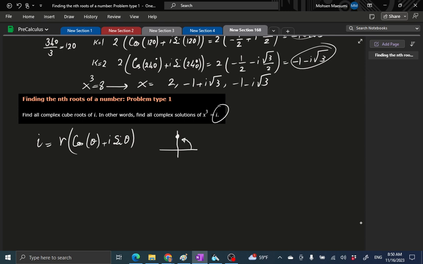Of course, it's pi over 2. So R is 1 cosine of pi over 2 plus I sine of pi over 2. So whatever the right hand side is, write it in polar. Next, so our base theta is pi over 2.